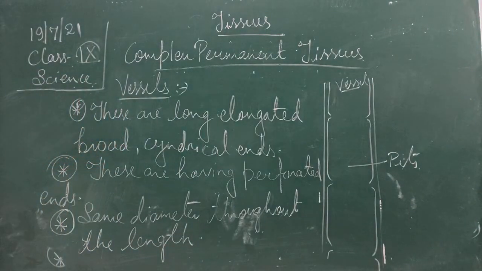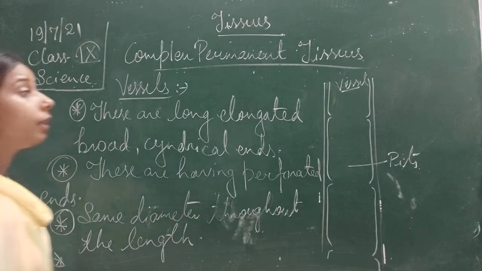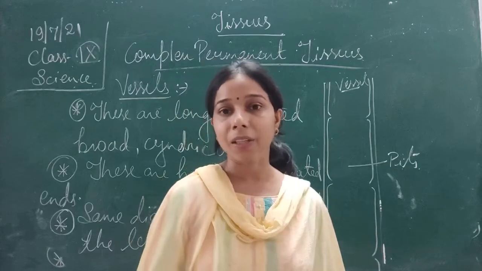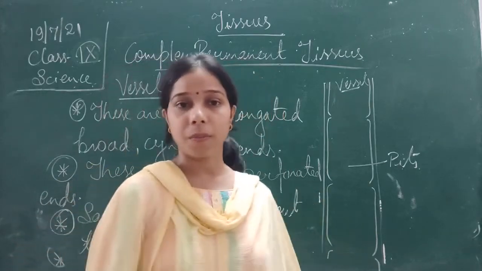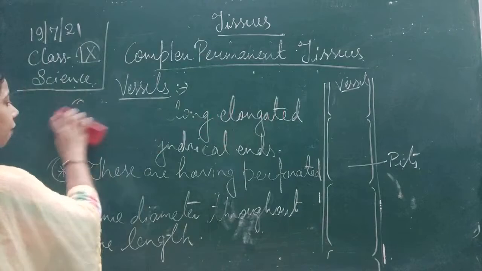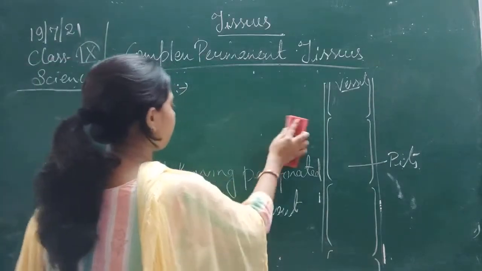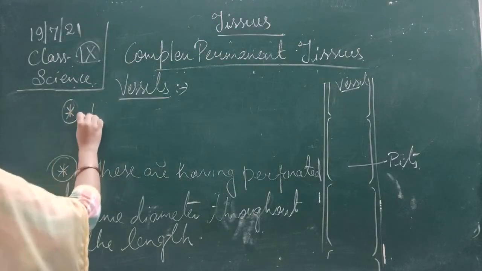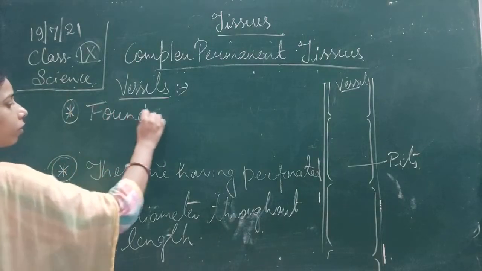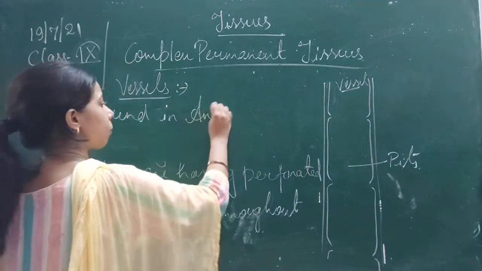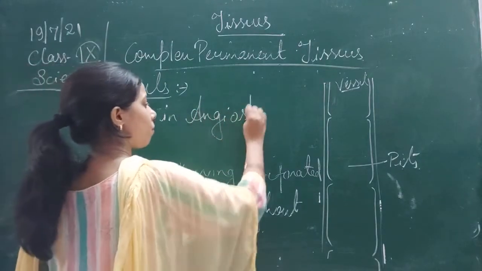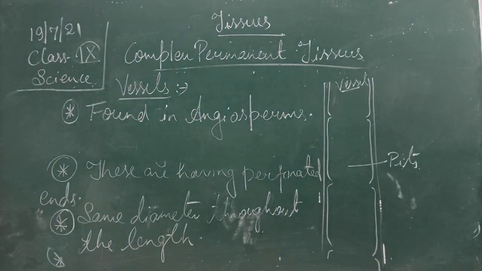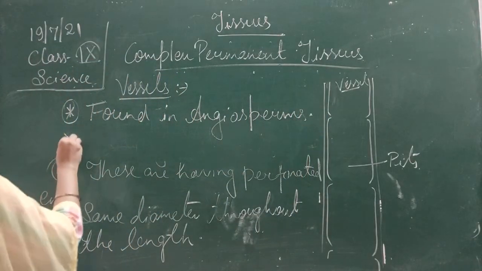They are present in higher plants, mainly in the angiosperms. Vessels are found in angiosperms. They are arranged end to end.